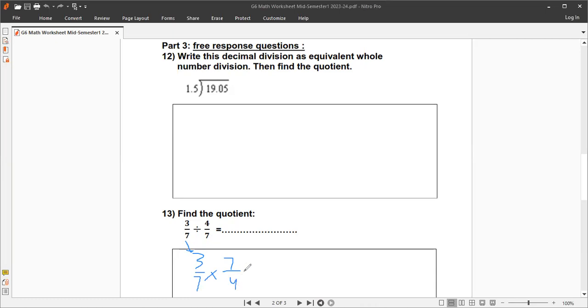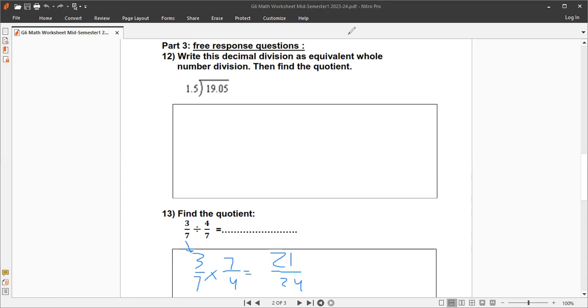Now 7 multiplied by 3, this is multiplication as well. 7 multiplied by 3 equals 21. 4 multiplied by 7, 28, I'm sorry.